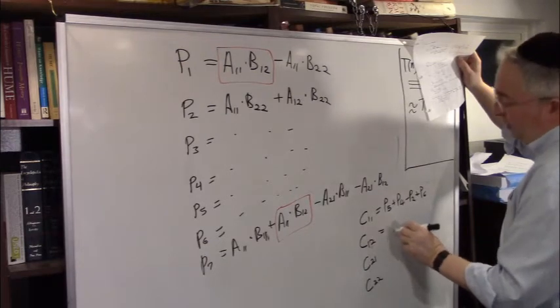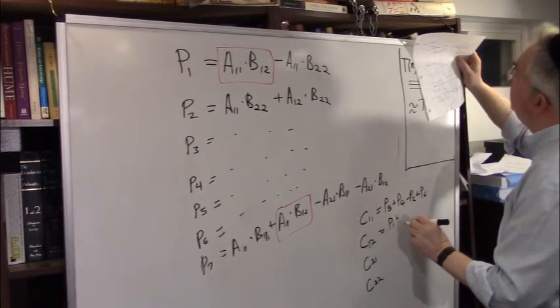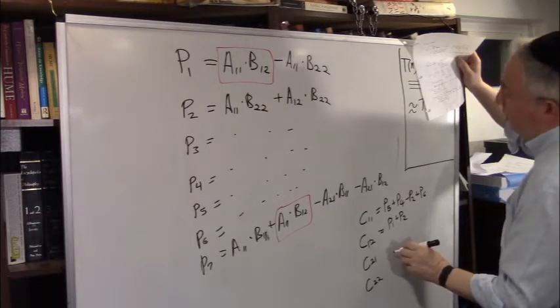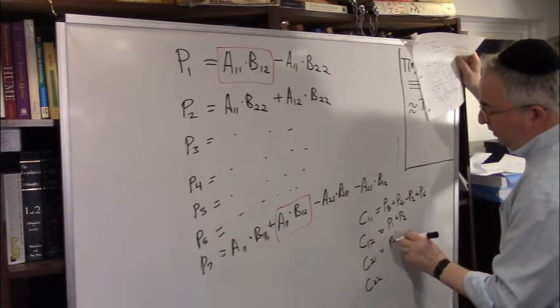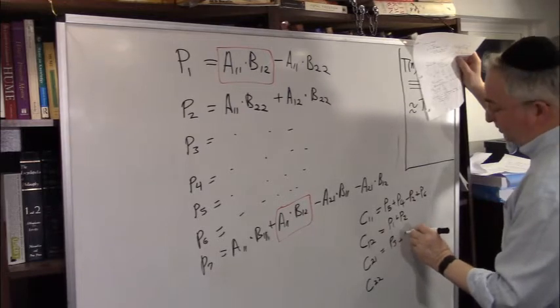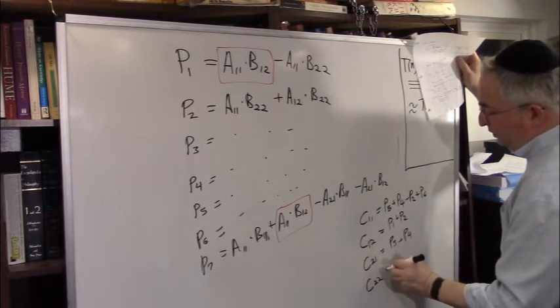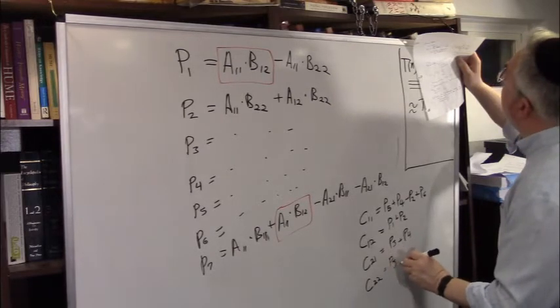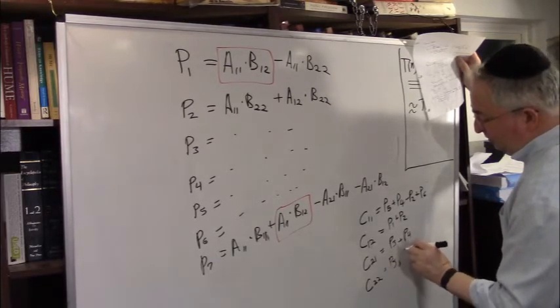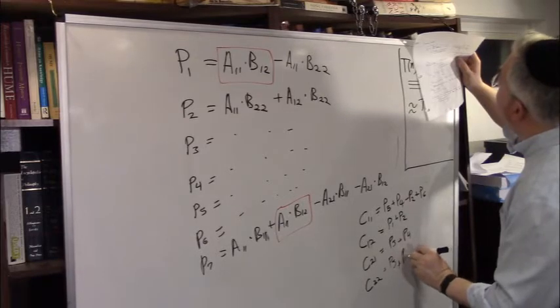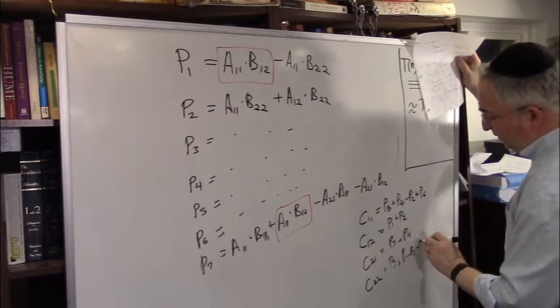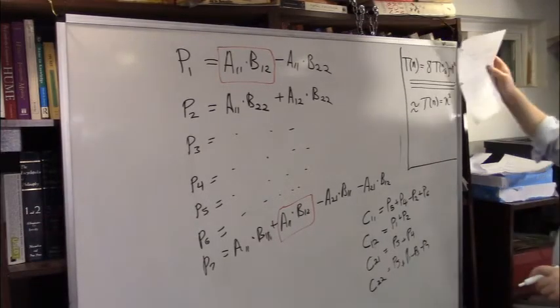C12 is equal to P1 plus P2. C21 is equal to P3 plus P4, which is equal to P5 plus P1 minus P3 minus P7. Doesn't matter. The point is as follows.